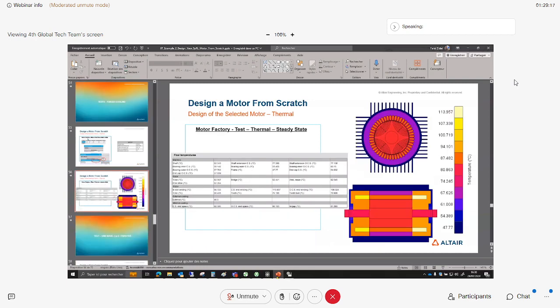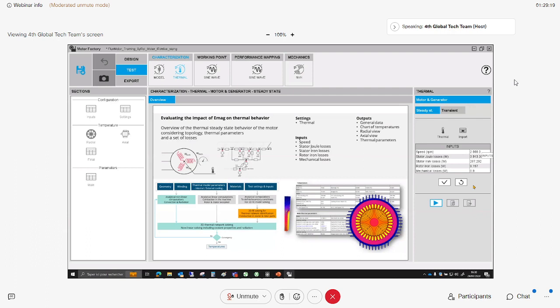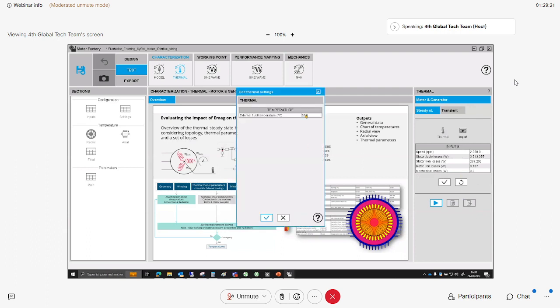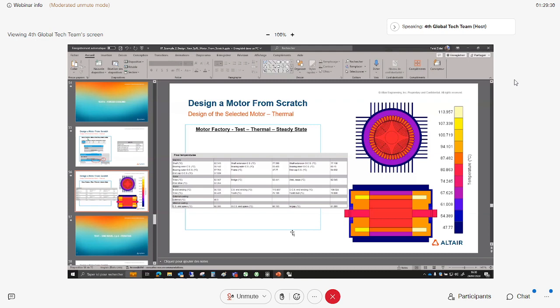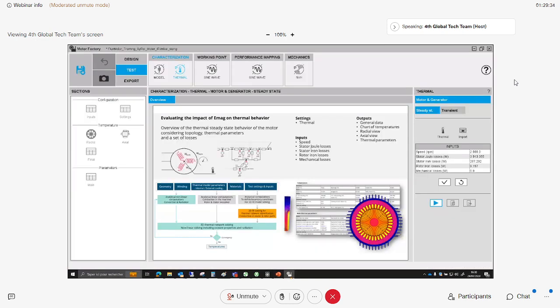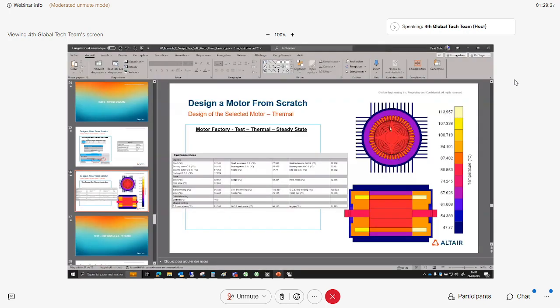Okay, then once you have your settings with ambient temperature, which is 40 degrees, you can launch your computation. And when you launch the computation, you can have the results of your machine like this. So you can have the view, the temperature distribution.